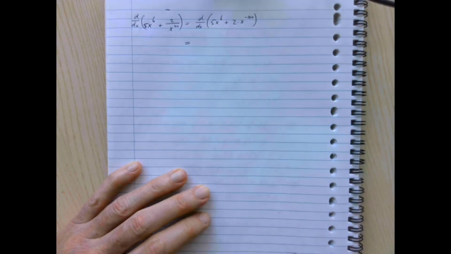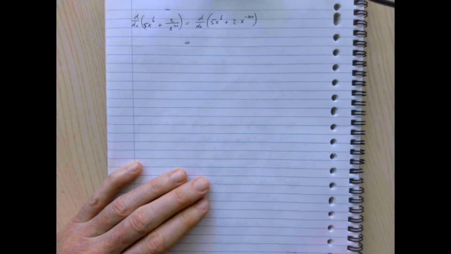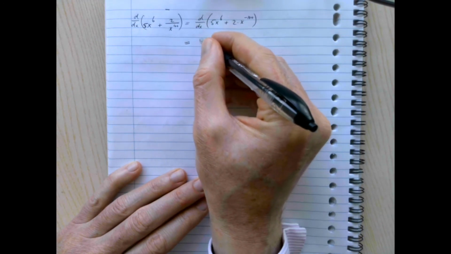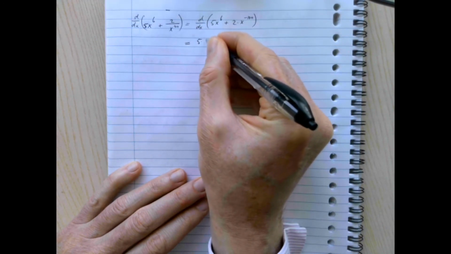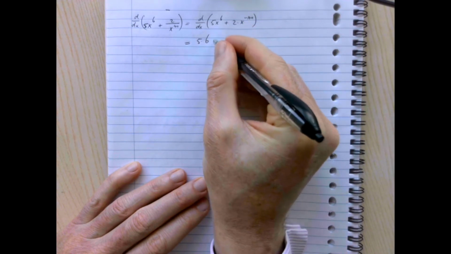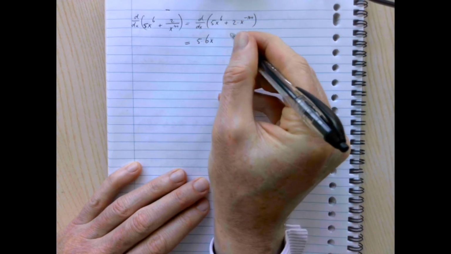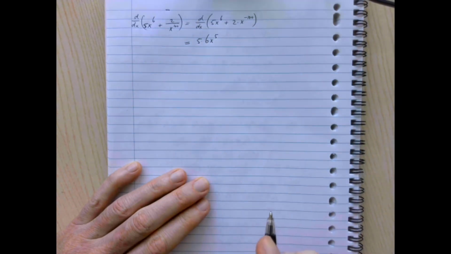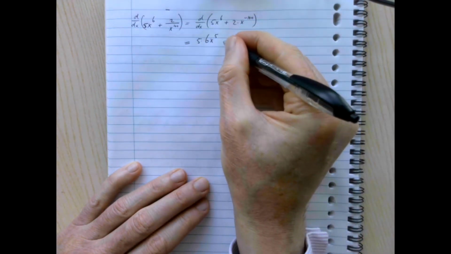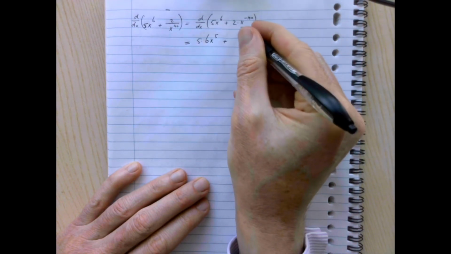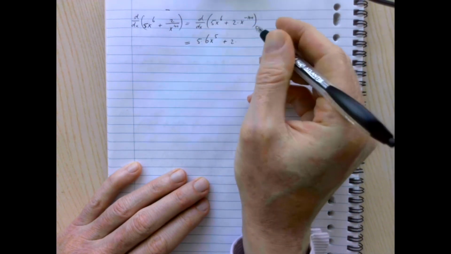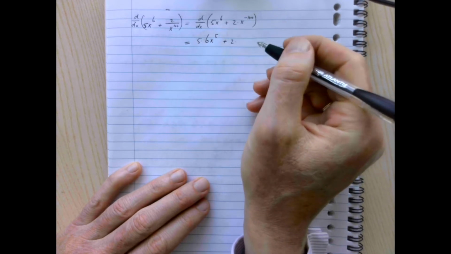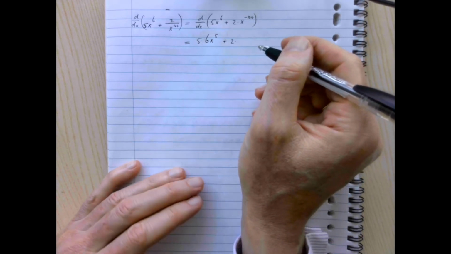So now we can do the computation, because we have to take the derivative of the first bit, and then add that to the derivative of the second bit. The derivative of the first bit is going to be 5 times 6, the 6 coming down, x to the power, and we reduce the power by 1, so 6 becoming 5. The second part is 2 times the derivative of x to the power minus 100. We follow the same recipe.